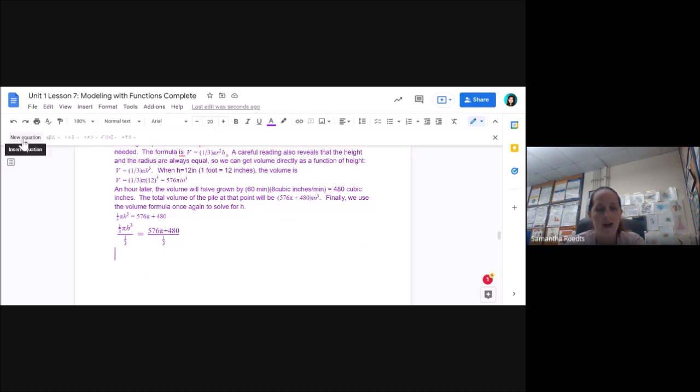So on this side, I'm left with pi h cubed equals, over here, change the division to a multiplication sign, flip. So I'm multiplying by 3. So 3 times 576 pi plus 480.